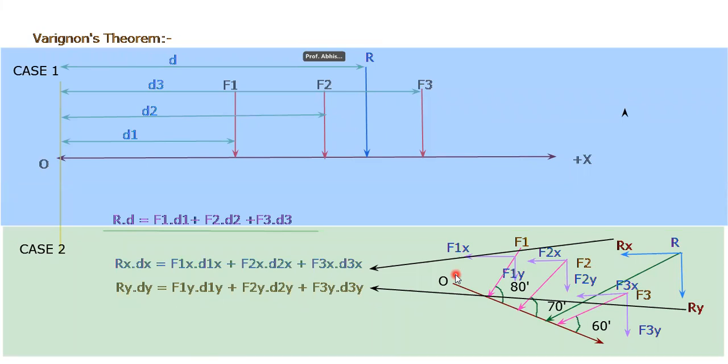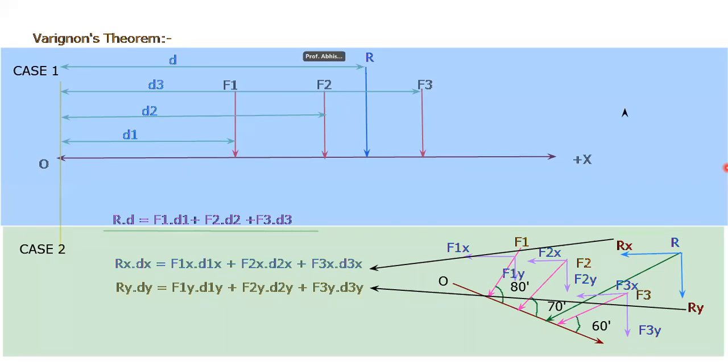Similarly in the case of f3 also, f3 is split into two components, f3x and f3y, and again we need to calculate its distance from the point O. That is your d3x and d3y.